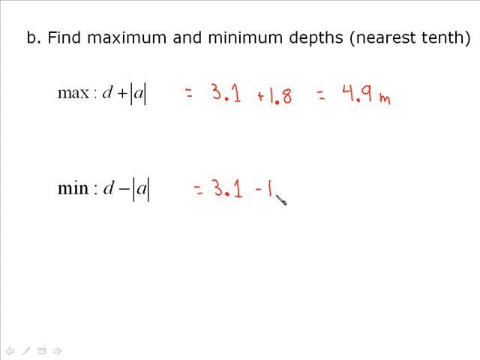And then we subtract the 1.8, and then that will give us 1.3 meters. And if you were to look at your graph, you could certainly tell that these are reasonable numbers based on what we have.